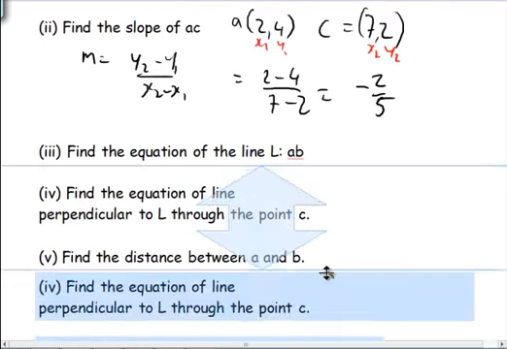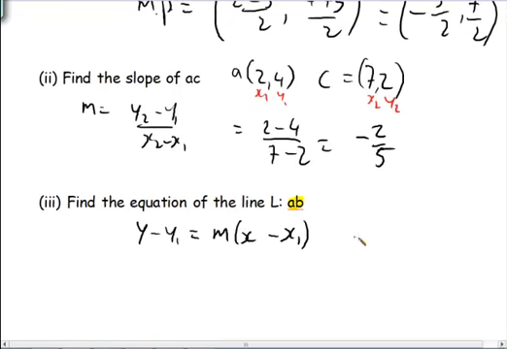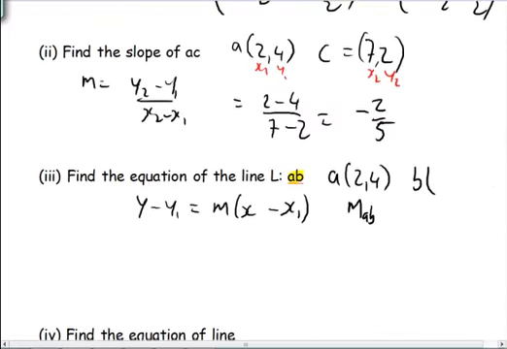Now in the next question here, you're asked to find the equation of the line AB. Now for the equation of the line, you need y minus y1 equals m brackets x minus x1. You fill in your y1, you fill in your x1, and you have to get the slope. First things first is in the last part we got the slope of AC, but we're asked here for the line AB. So the slope of AB, write out our points. A is 2, 4, B is minus 5, 3.